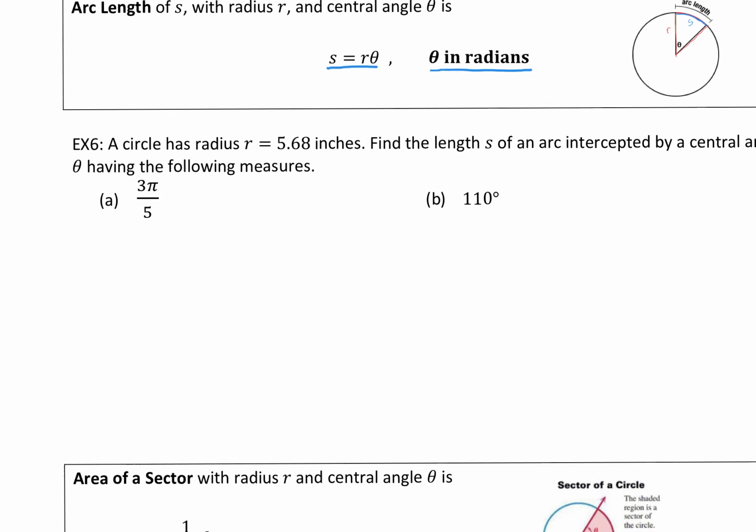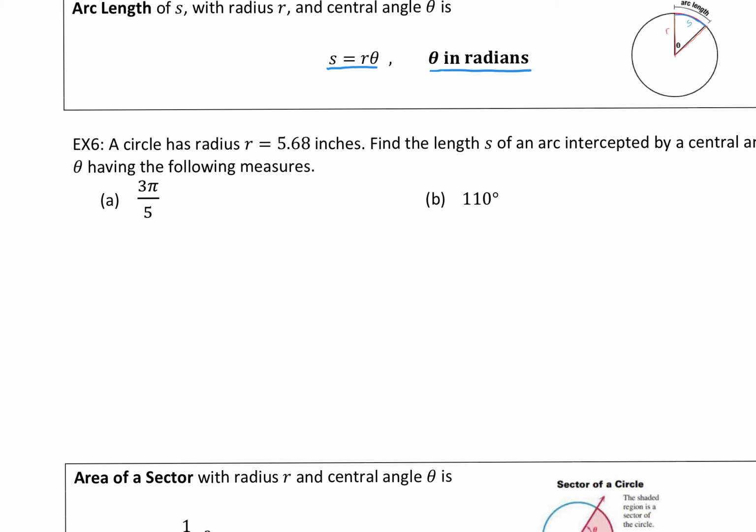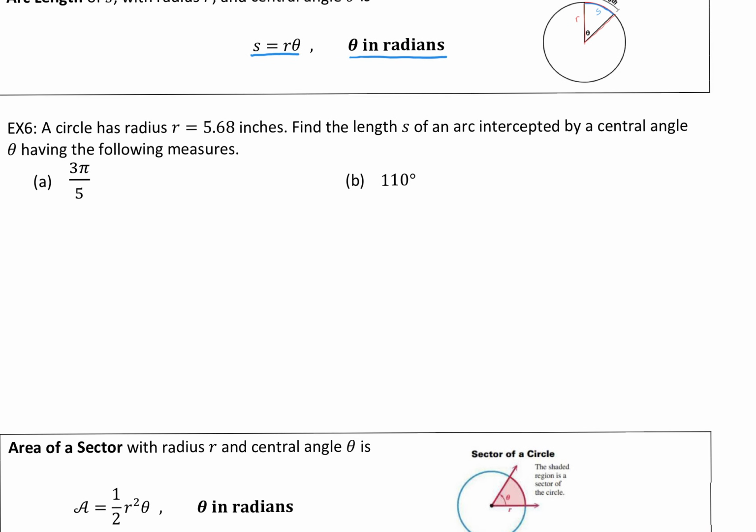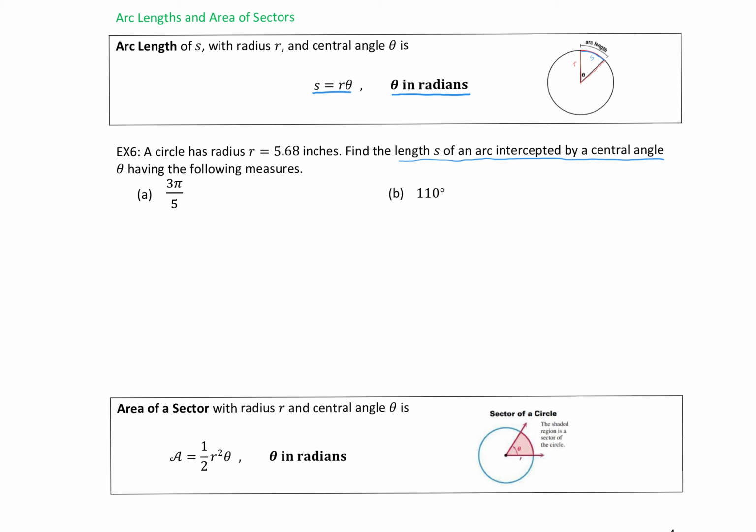In example 6, we have a circle. It has a radius of 5.68 inches, so that's an exact measurement. It's not an approximation. And we're asked to find the arc length S. Here's some language you may see in your textbook: find the length S of an arc intercepted by a central angle, theta, having the following measurements.